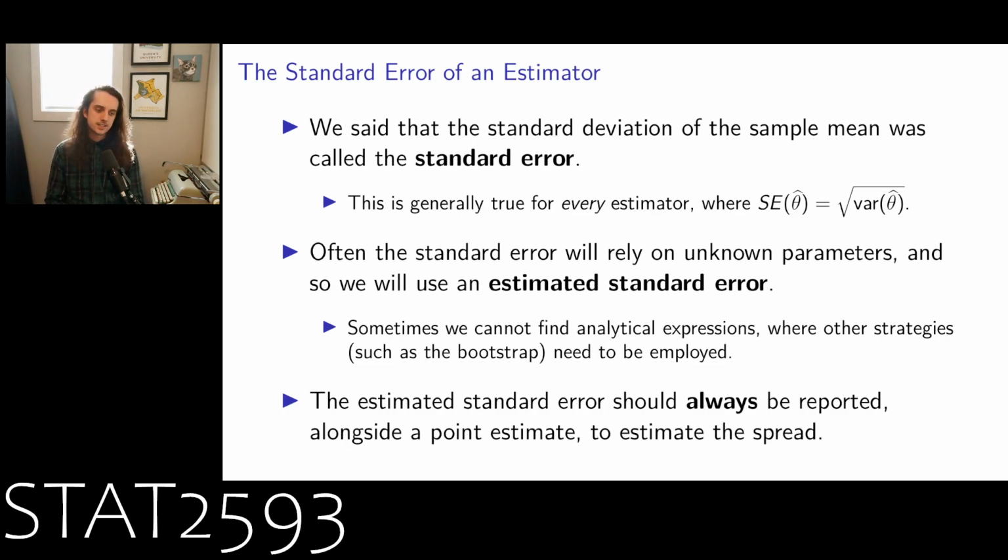Now, the reason that we're bringing up the standard error is that anytime you report a point estimate, you should also always report the standard error. This is true far beyond this course, but the idea is that if you're reporting a standard error, you're reporting some sense of how confident you are in this value that you've just estimated, right?